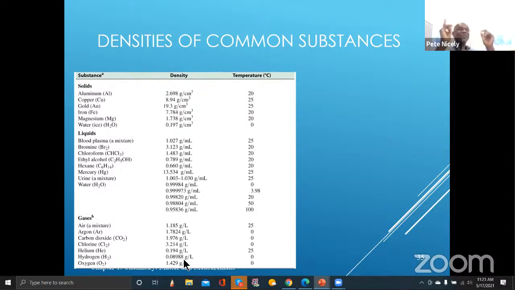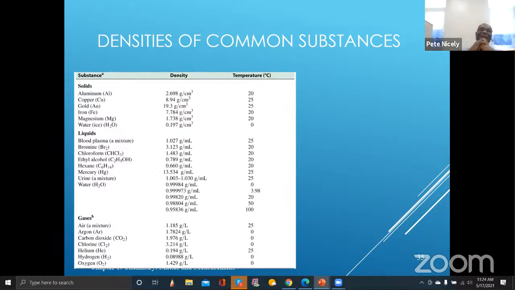And what you're going to learn later on in chapter 5 is that the volumes of gases are subject to drastic changes when the temperature of a gas changes, all right? Which means that the density will change drastically as well. The same is not true for solids and liquids, all right?